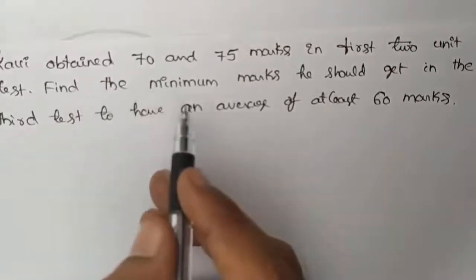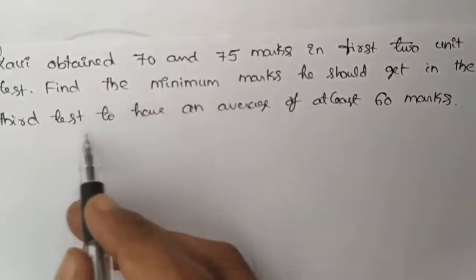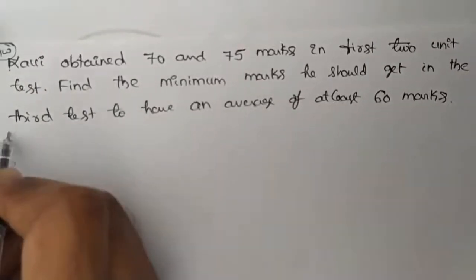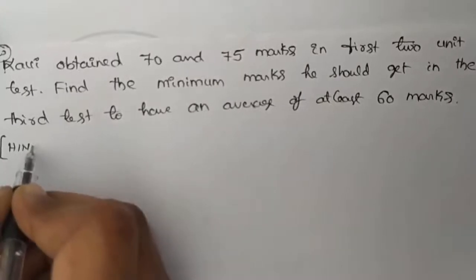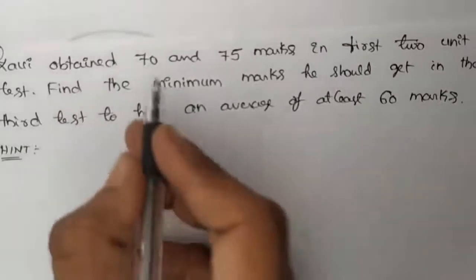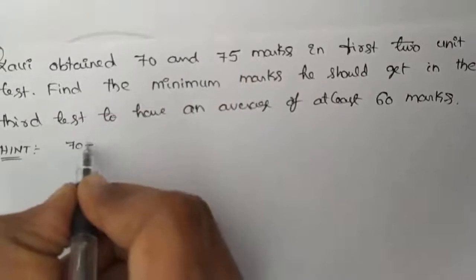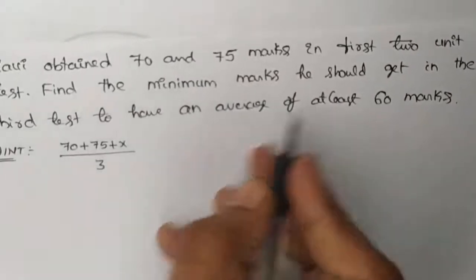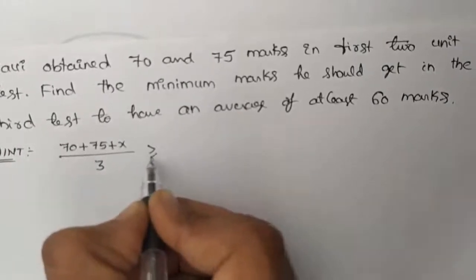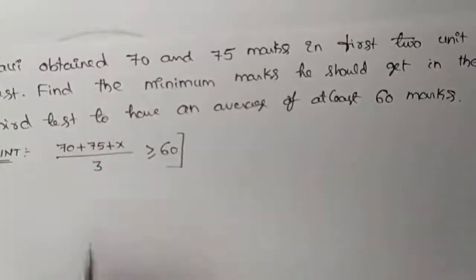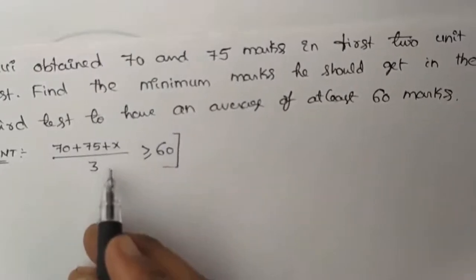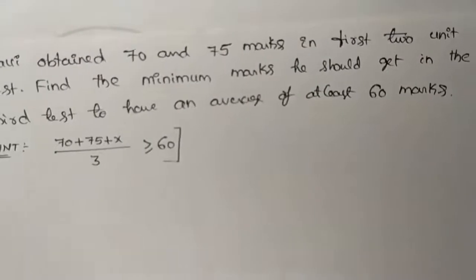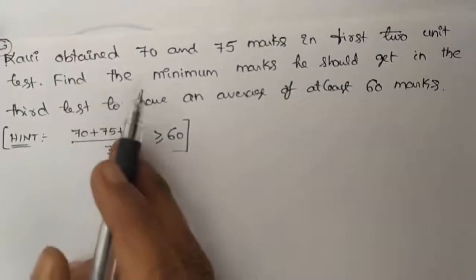Find the minimum marks he should get in the third test to have an average of at least 60 marks. Very simple. If you want, I will give you the hint. The hint is 70 plus 75 plus x, divided by 3. At least he mentioned, so we use the symbol greater than or equals to 60. Just simplify it and finally you will get the answer.